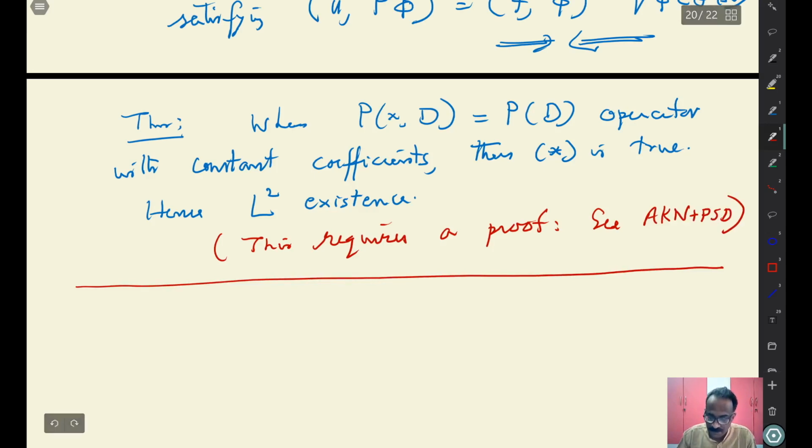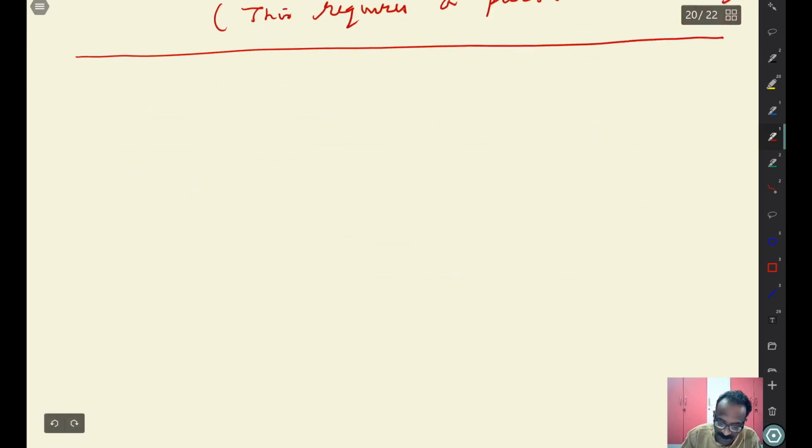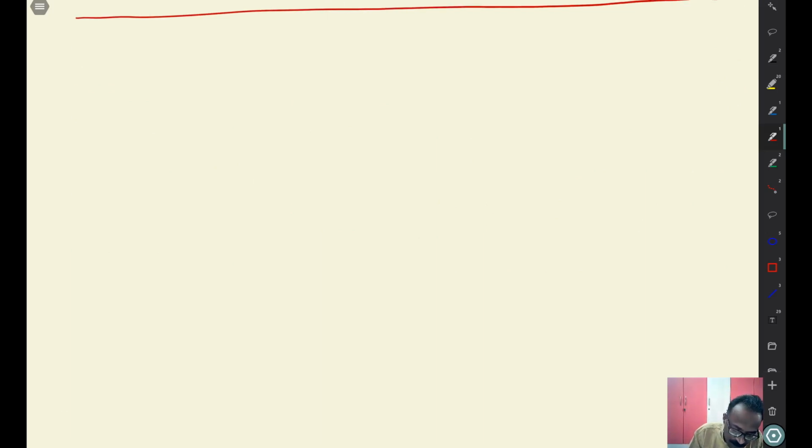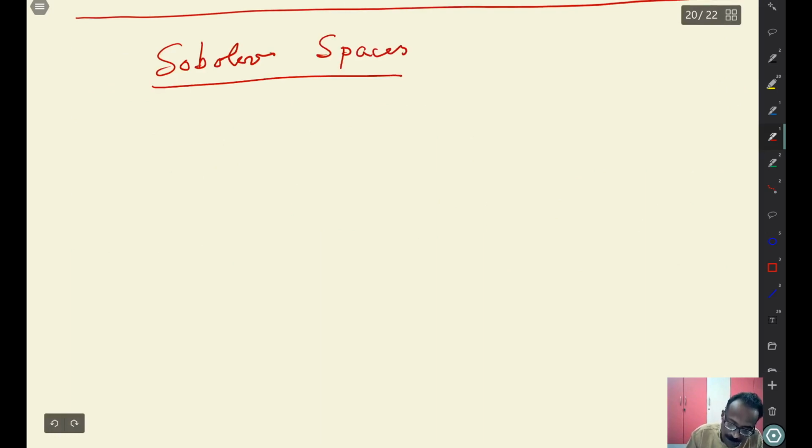So quickly, in another 10 or 15 minutes, let me go to Sobolev spaces, in the context of our early problem.